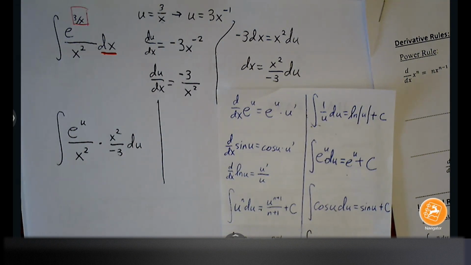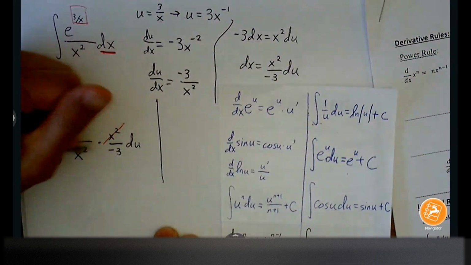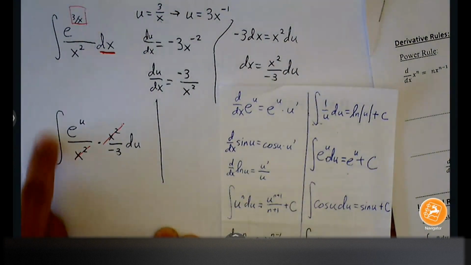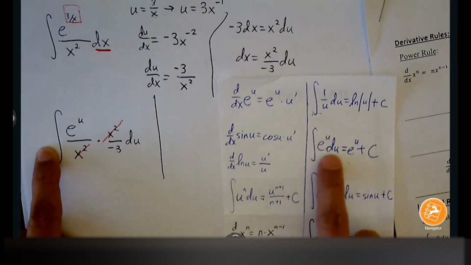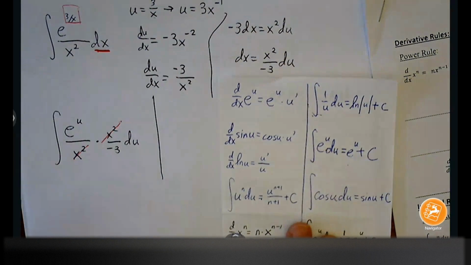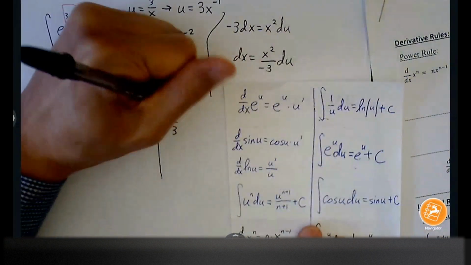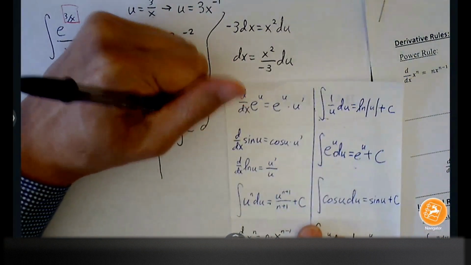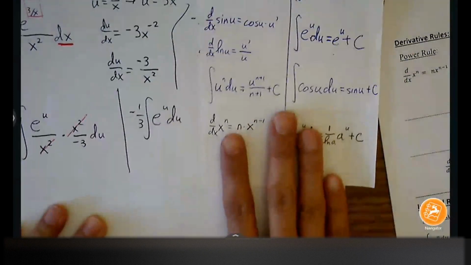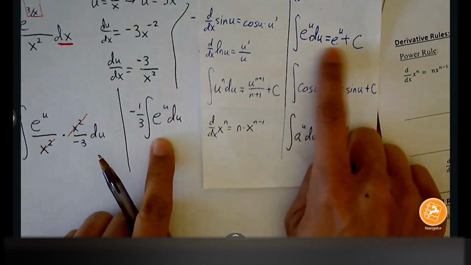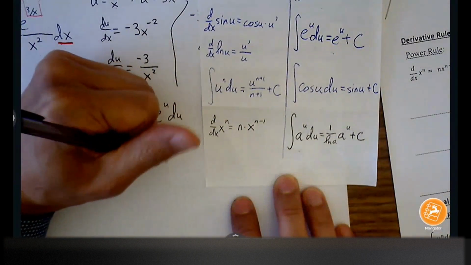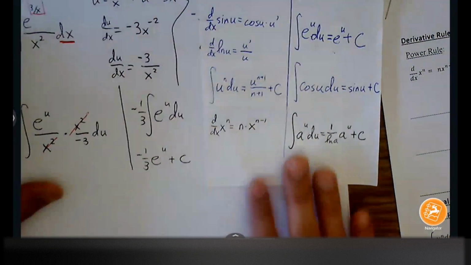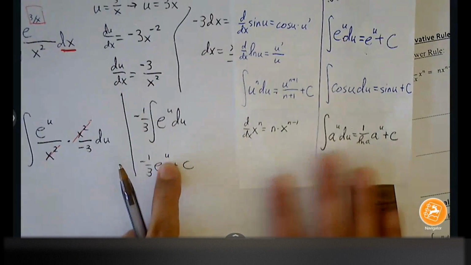Okay, good. What else? You bring a negative 1/3 to the front of the problem. Good, good, good. All right, so once you do that, it's a very clear indication that we can apply the rule in front of us. Integral of e to the u is just e to the u. And final step, replace the u back in terms of x.